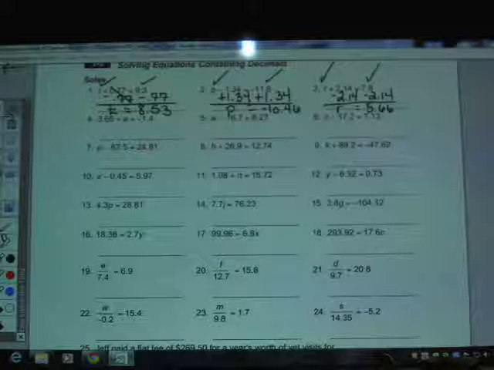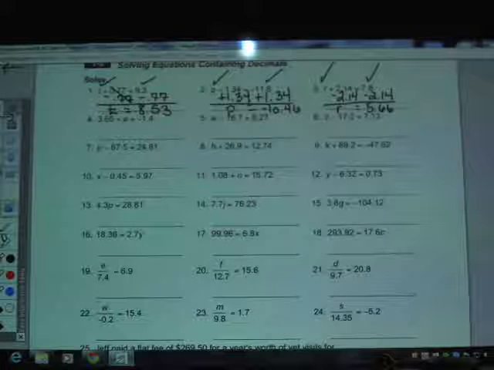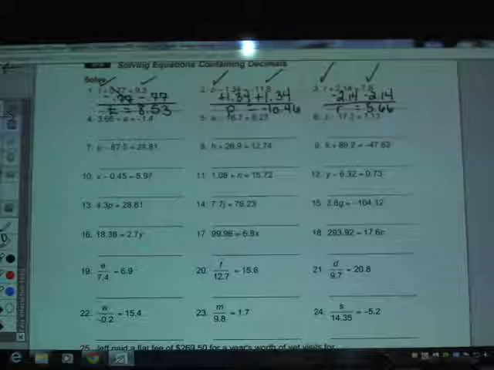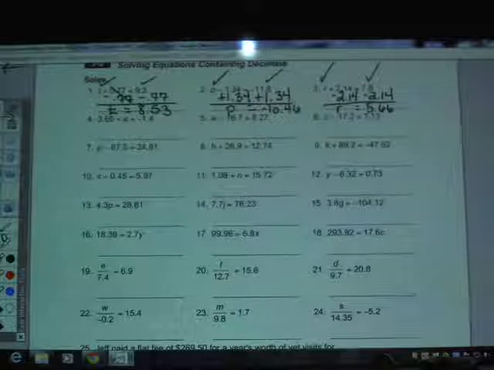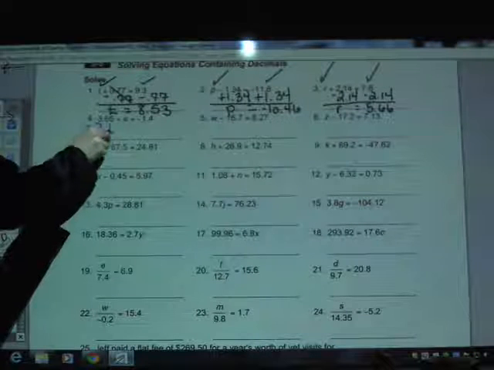Okay, number 4, 3.65 plus e equals negative 1.4. Now, even though the variable e is at first, the variable doesn't have to be first. The variable just has to be on the left, and it is. So that means e is in the correct spot. Number negative 1.4 is on the right side. That's correct. So the thing that's wrong here is 3.65. So I'm going to subtract 3.65 here to solve. Remember, that's what's going to make this go to 0.